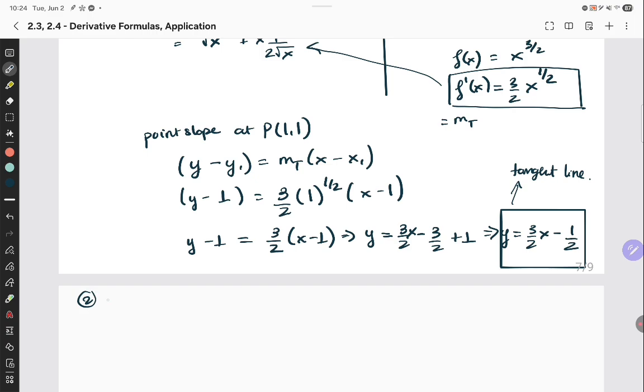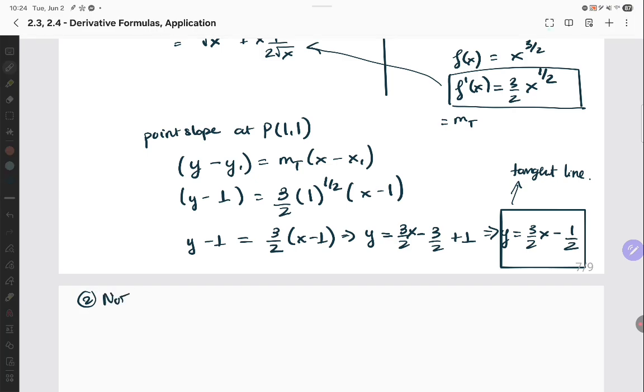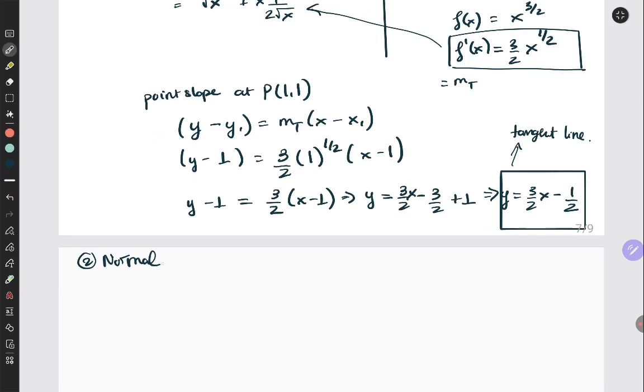Normal line. When you've got the tangent line, find the normal line, find the parallel line, extremely easy. The normal line to that line at the point 1, 1 is basically the same line with a different slope. So the only thing you're going to change is the slope.